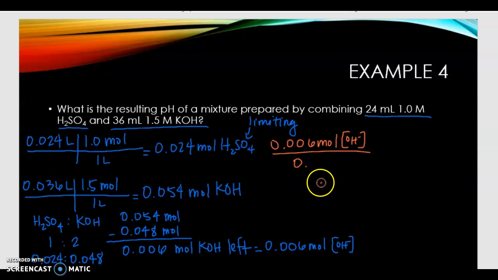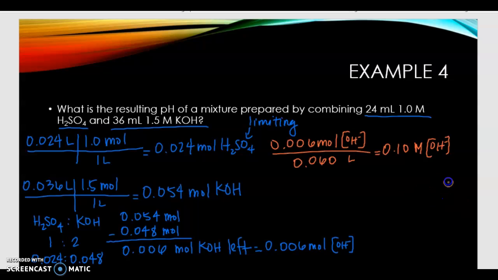So we get 0.060 liters, and our answer is going to be 0.1 molar of hydroxide. Let me check that real quick because that seems like it's crazy. 0.006 divided by 0.06, yes, 0.1, okay.